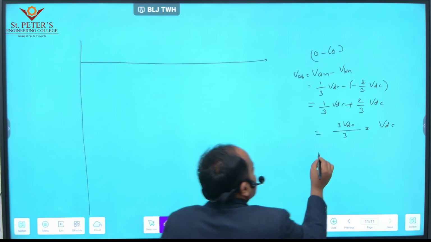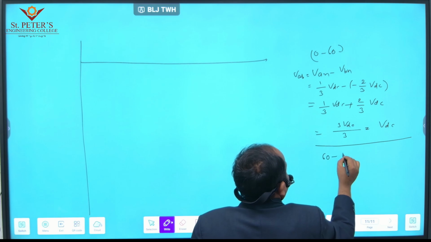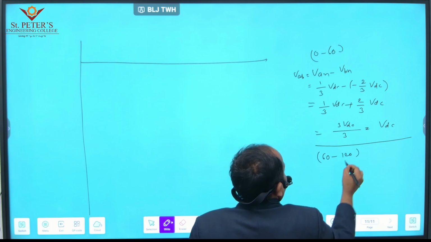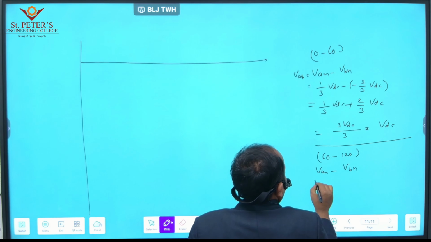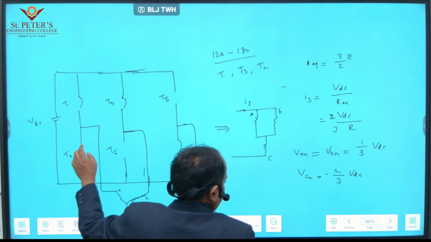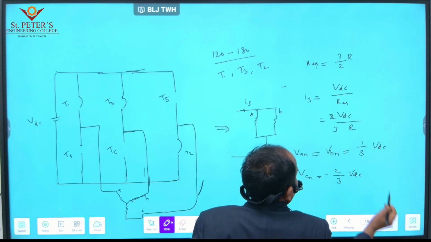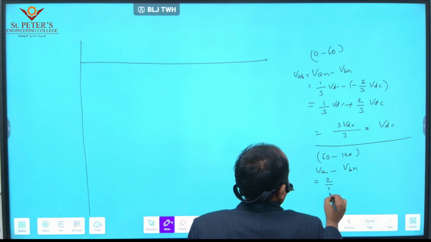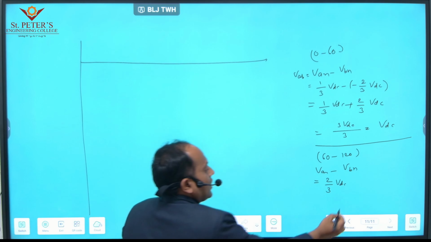What about 60 to 120 degrees? VAB is VAN minus VBN. For 60 to 120 degrees, VAN is 2 by 3 VDC. And what about VBN?